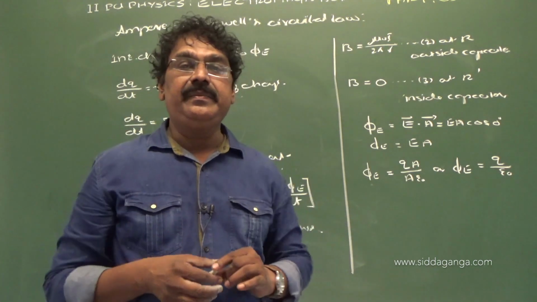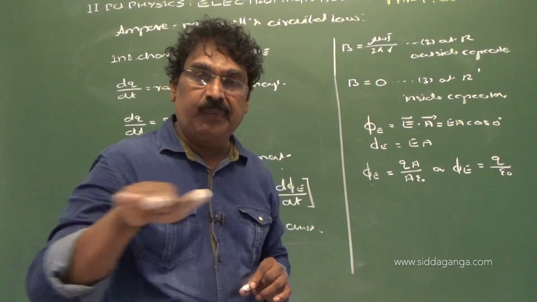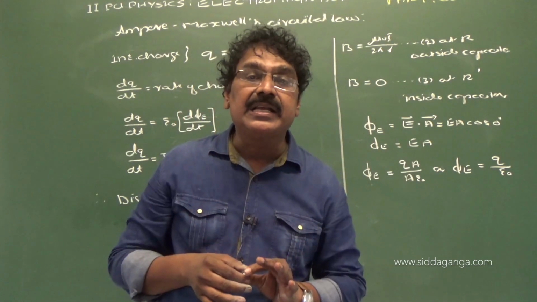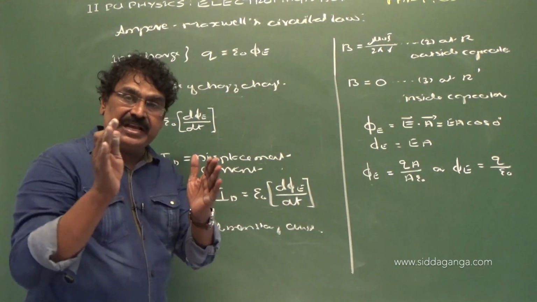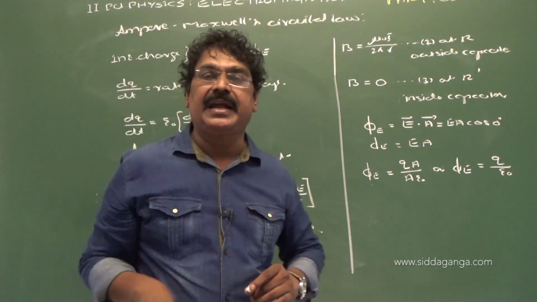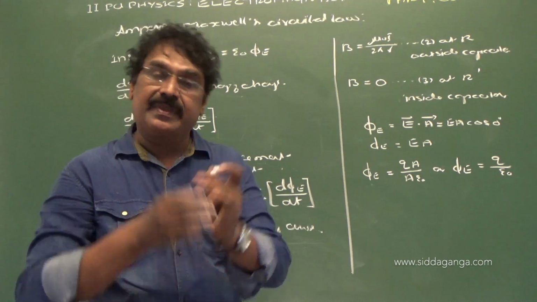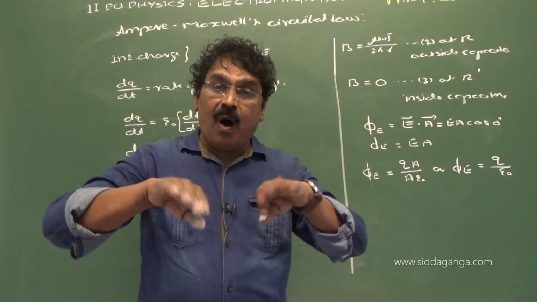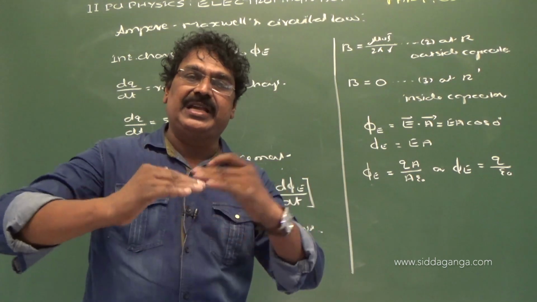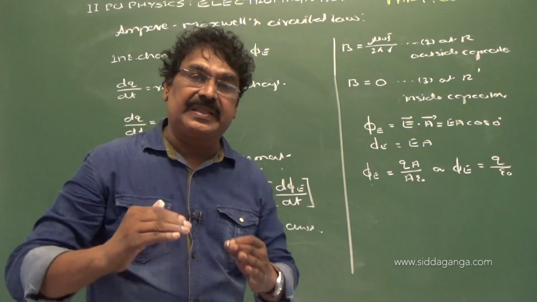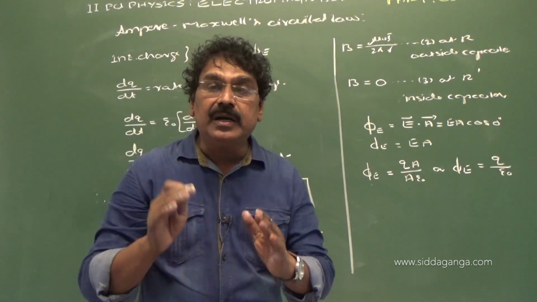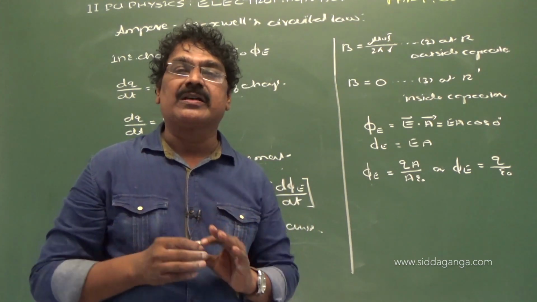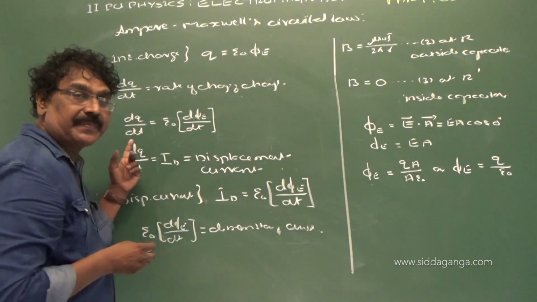This current ID is not due to the flow of charges through a conducting wire. In fact, it is due to the change in electric flux between the plates of the capacitor, or through a surface placed between the plates of the capacitor, or due to the change in electric field with respect to time, or due to the rate of change of charge across the plates of the capacitor, that is dq by dt.